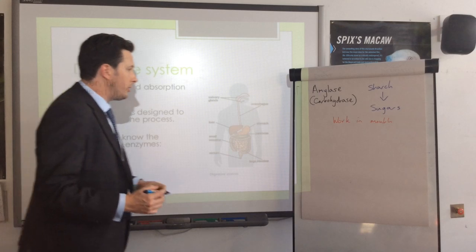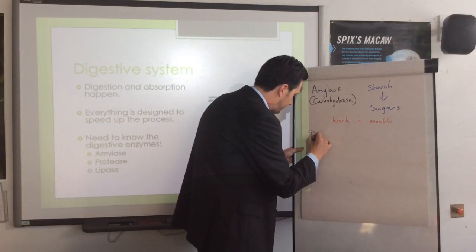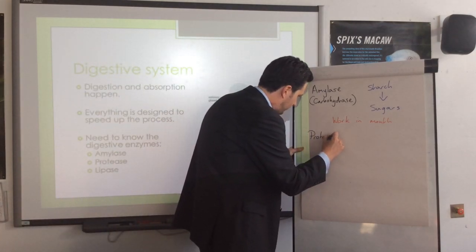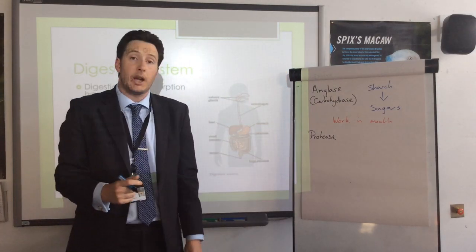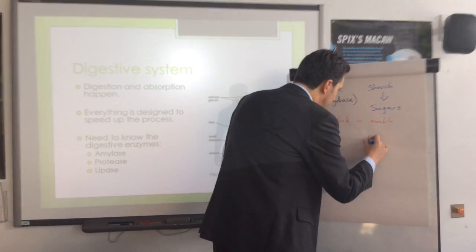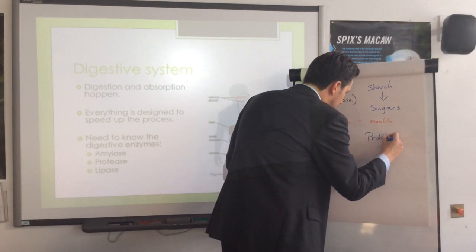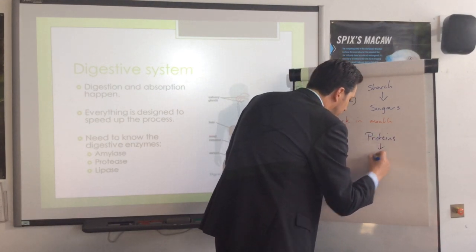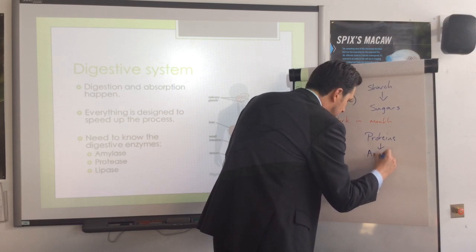Then you've also got protease. Protease breaks down proteins, and there's no real surprise there because it's called a protease because it works on proteins. And it breaks them down into amino acids.